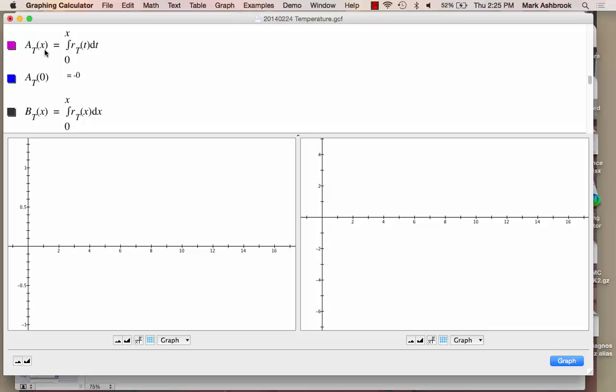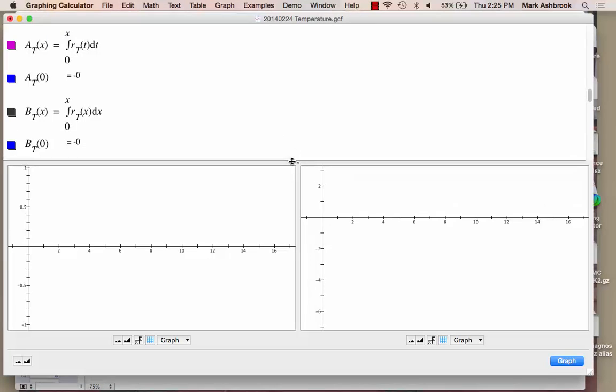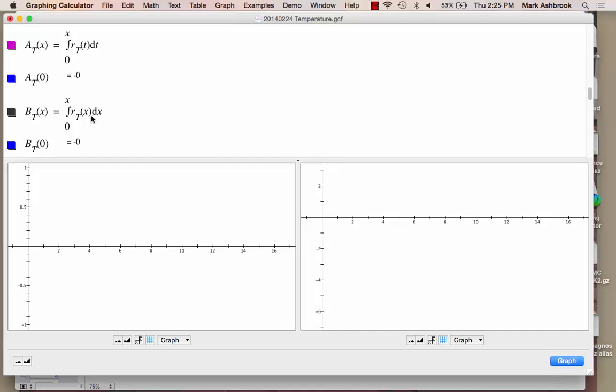So if our current value of x is our independent variable and we're going to accumulate up until x, why can't we just have x's there? What's the big deal about having to change the symbol? So let's think about what would happen if we didn't. I've got another function called capital B of x where I went ahead and made it all x.